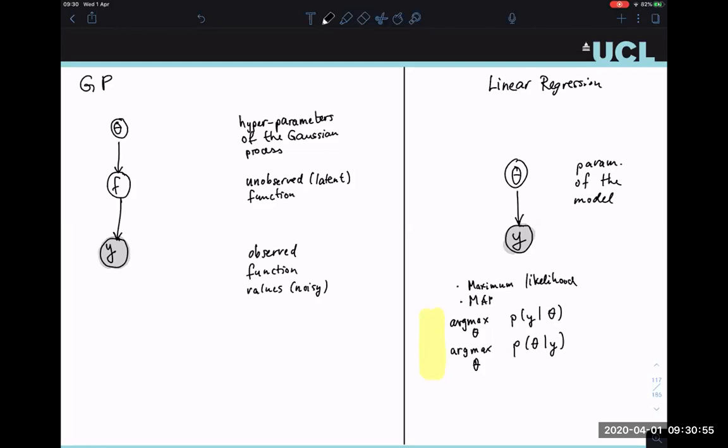This would be a really good idea if we had labeled test data. That's what we had in the motivating example before, where we had the y star values, the green crosses. Then we could just compare the log predictive densities and choose the length scale that gives us a better number. So it's a good idea.